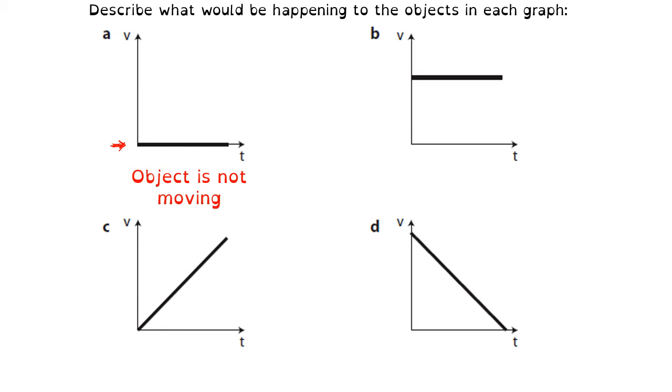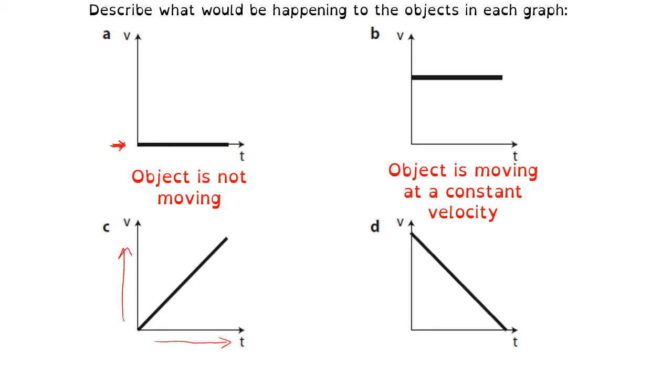At B, we can see that there is a velocity, so we have a moving object, and as time goes on, the velocity stays the same. So the label that you would need to match up with that would be an object moving at a constant velocity. For C, we can see that as time increases, the velocity increases.